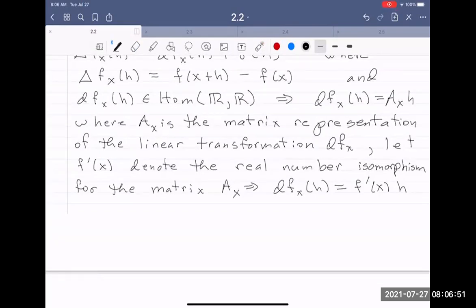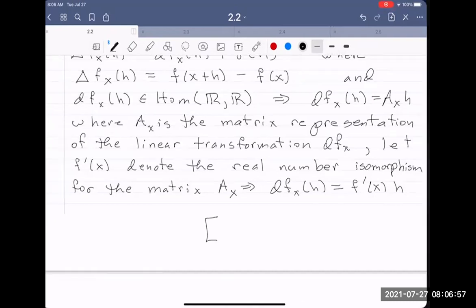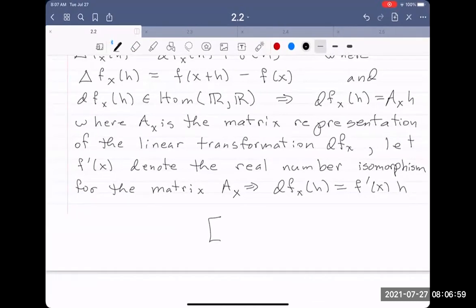And so this matrix A sub x is just a very small matrix. It's just a matrix consisting of one number. And so it's some number, which I'll denote by f prime, and it is a function of x.